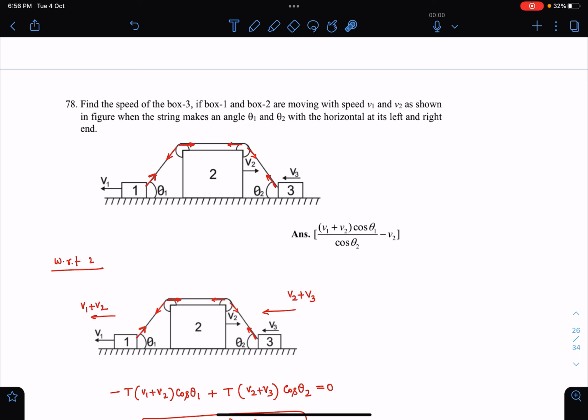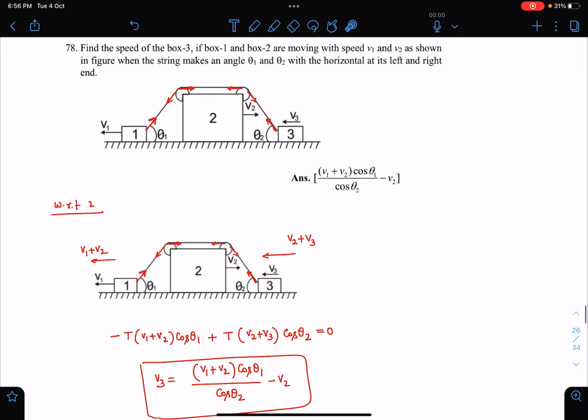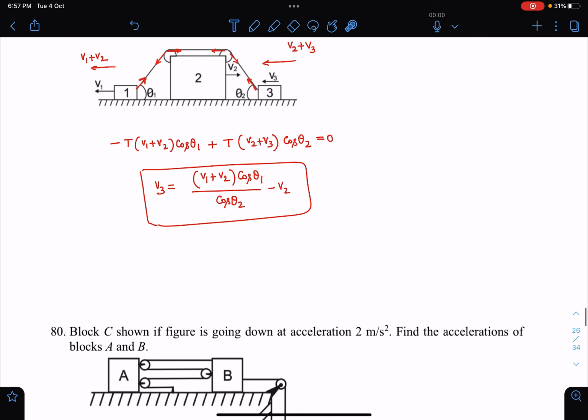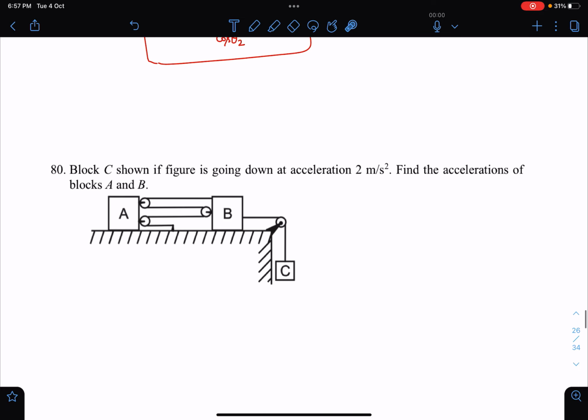So minus T times (v1 plus v2) cos theta 1, and plus T times (v2 plus v3) cos theta 2 equals 0, and if I simplify I get the answer here. So you can see when we change the frame of reference, this T dot V becomes a very short method.